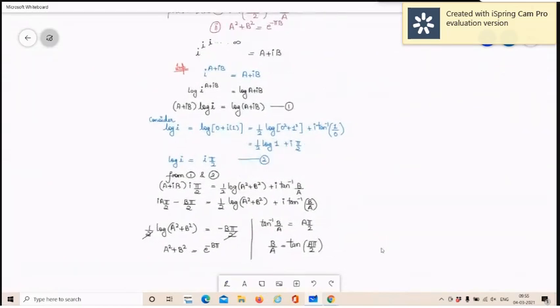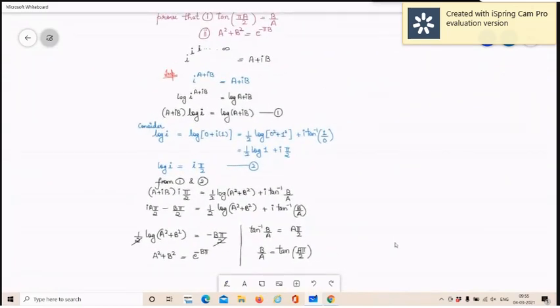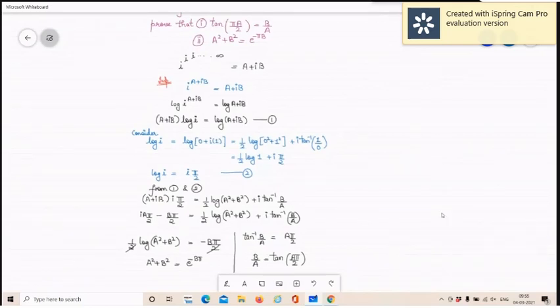So what is a new thing that we had observed now? Now whenever we see log i, yes, log i is something new we saw. And at the same time, what is the other new thing? That henceforth, whenever you see a complex number raised to a complex number, you are going to take log on both the sides.